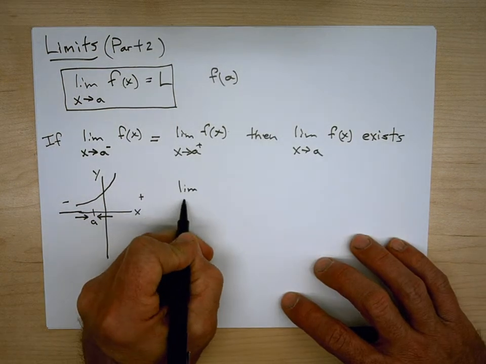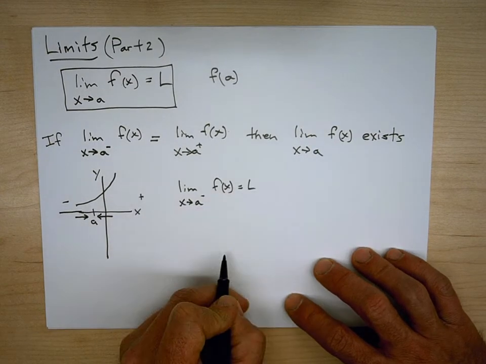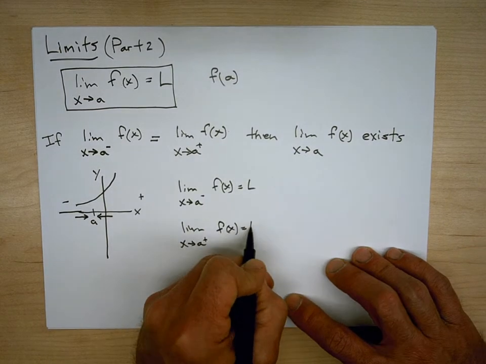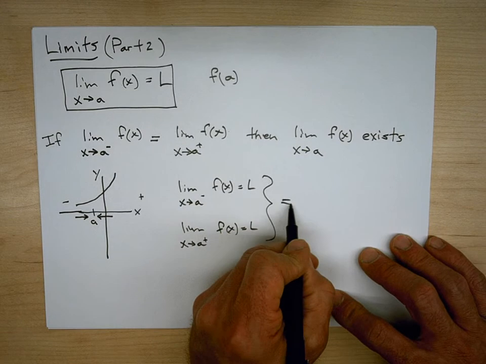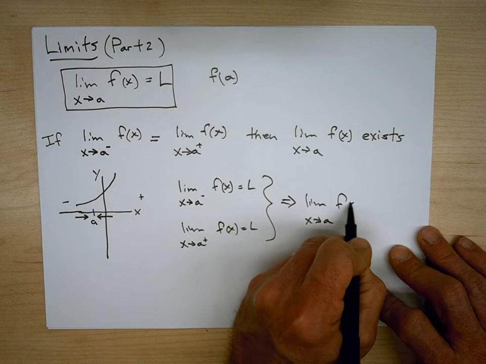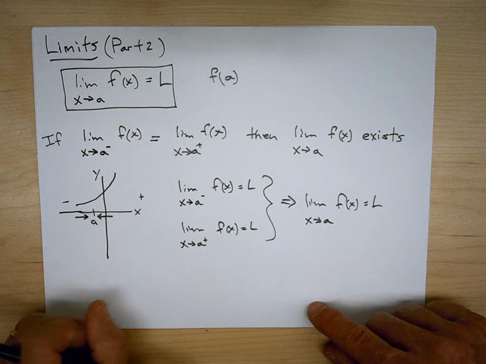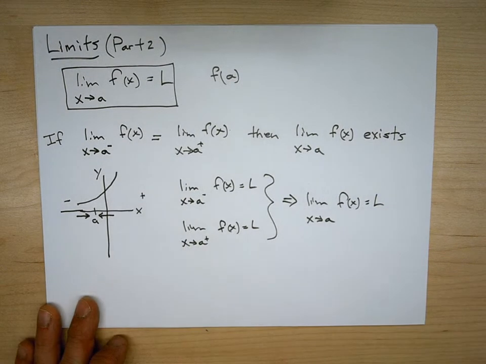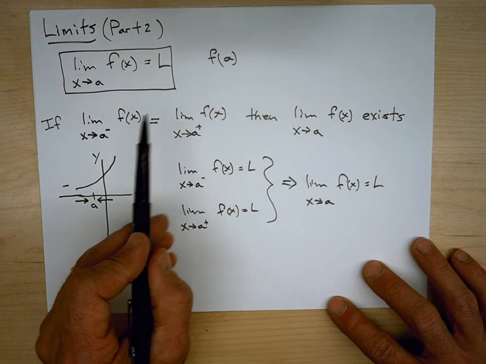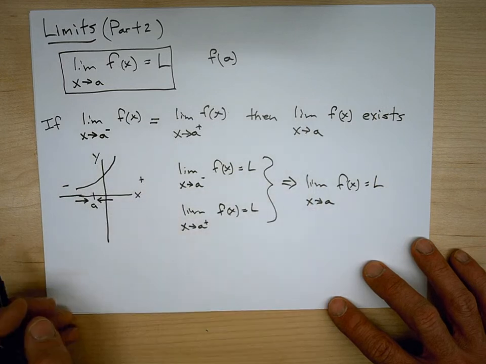Let's suppose that the limit as x approaches a from the left of f of x equals L, and the limit as x approaches a from the right equals L, then this implies that the limit as x approaches a of f of x exists, and it equals that point that these are converging to. So one significance of this is that since this follows from that, if this fails, then this doesn't work.